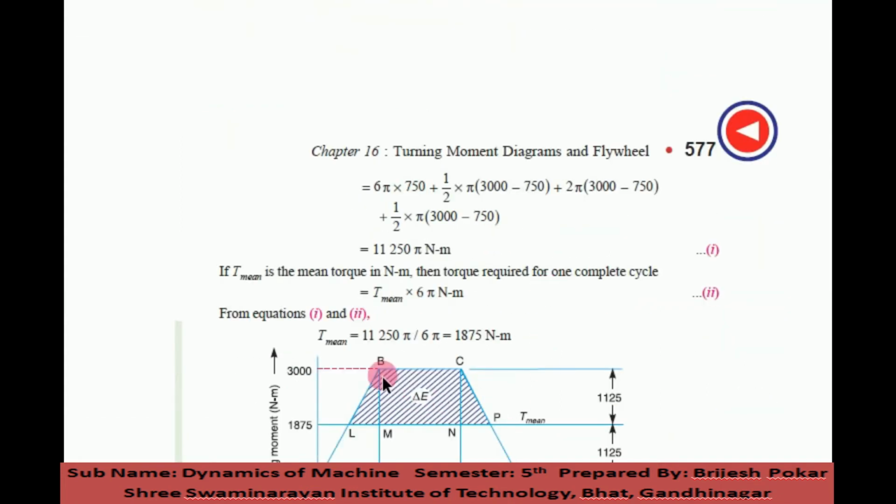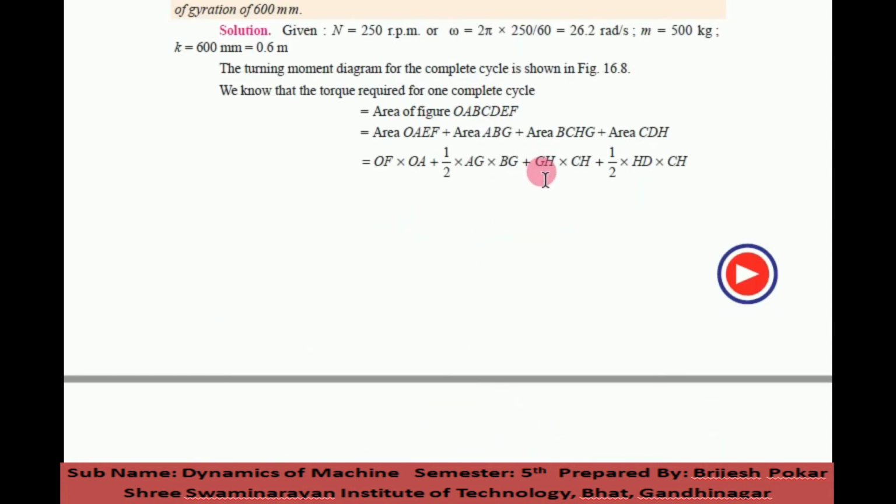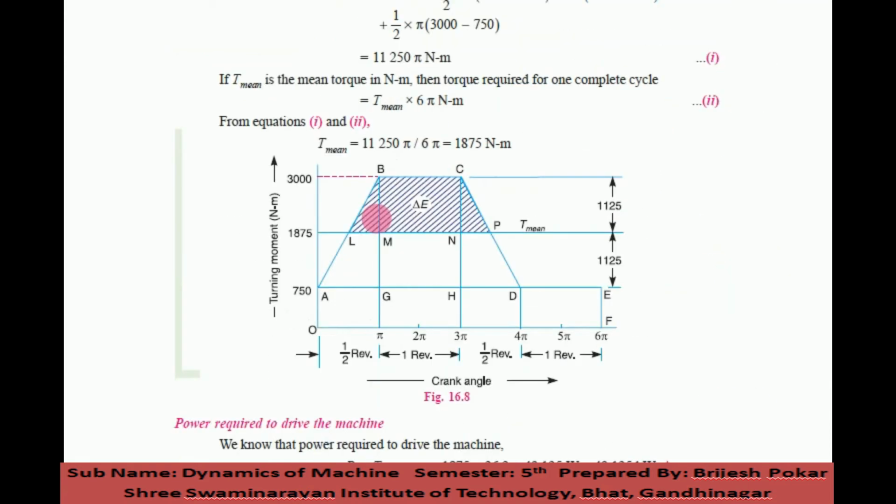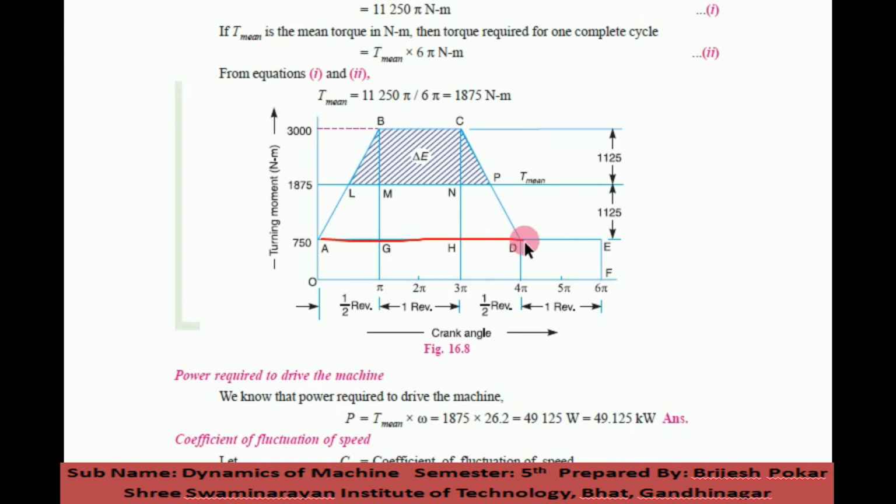Now let us see this area BCHG. It is a rectangle, so we can find GH into CH, and again the triangle area CDH, which we can find by 1/2 HD into CH. By this way we can find each individual area: first one is this, second one is this, third one is this, and fourth one is this. So by this way we can find the total area.